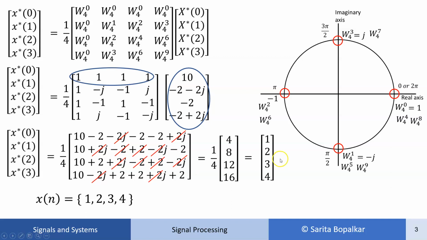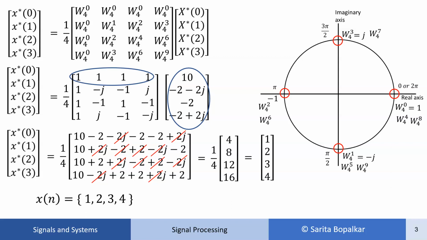But in case these answers are in complex form, remember this thing: whatever you are getting is nothing but x star of n, not x of n. So to get x of n, you have to take the complex conjugate of this one. Here it remains the same because all the values are real. So this is the way we can find the inverse DFT.